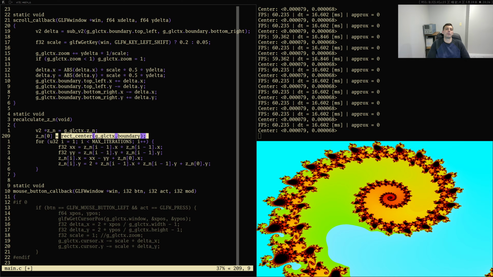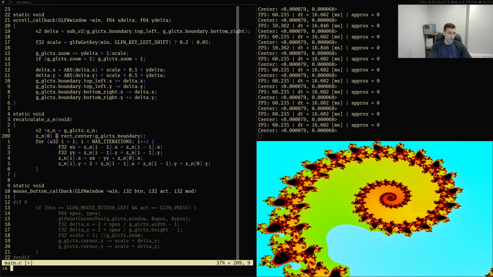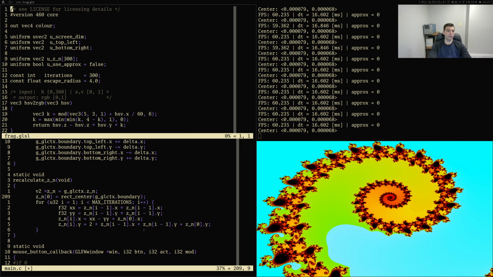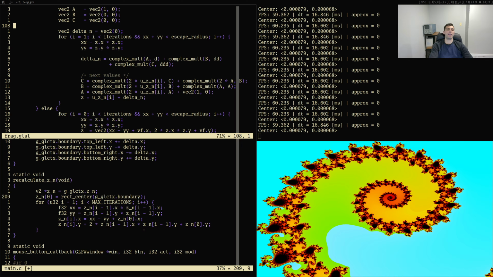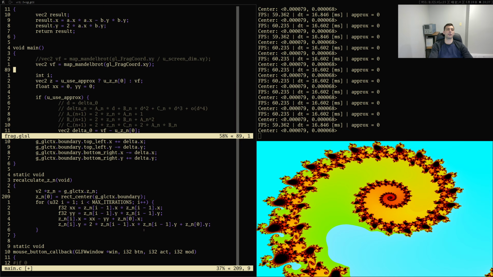Well, one problem, and actually this is probably why that other part was misaligned. If I go to the fragment shader, in the case where we're using the approximation, we want points around the center, not how this is right now.